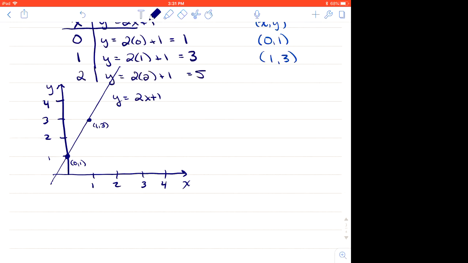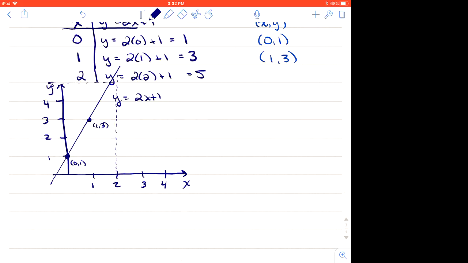So then we're at x equals 2. I overshot it a little bit, probably because these are not spaced properly, right? But we would end up at 5. Things got a little crooked, but you get the idea, right? So all these points would be on the same line.